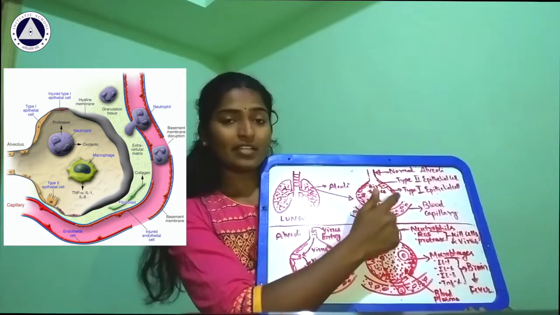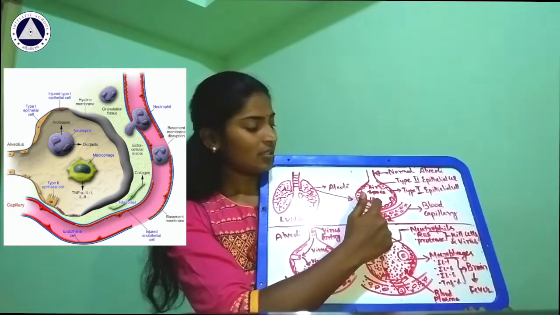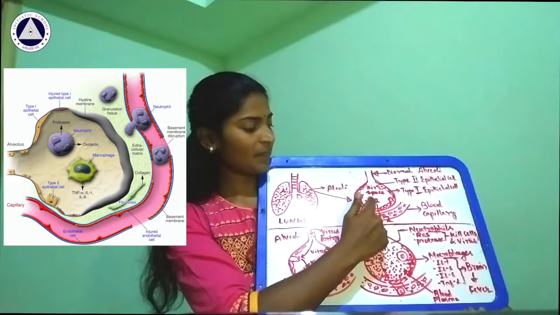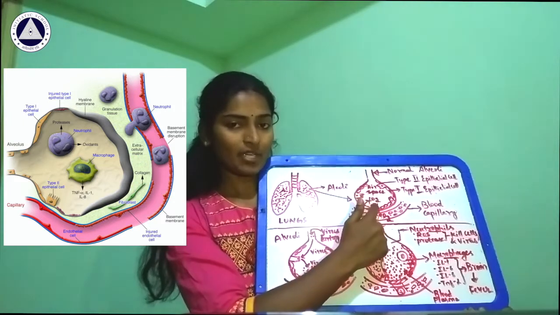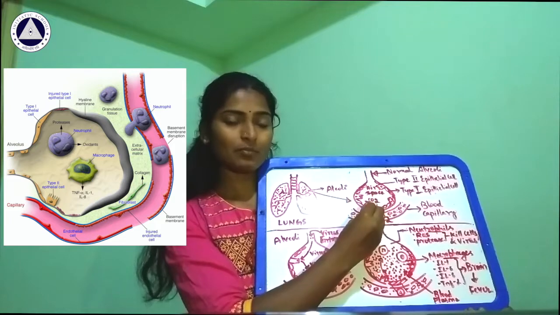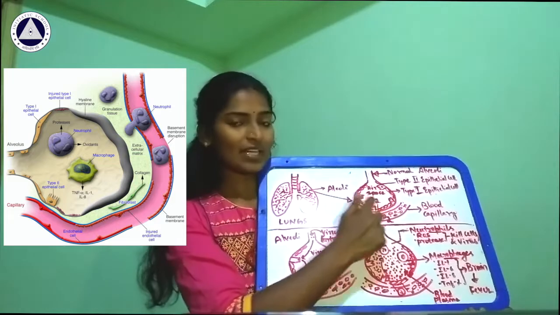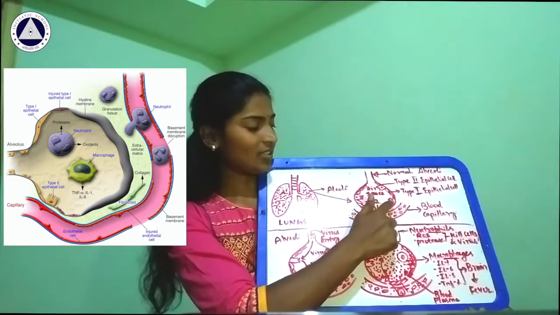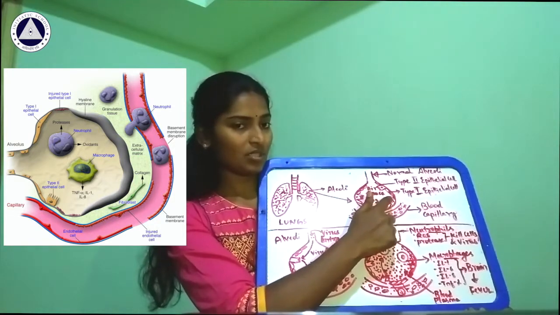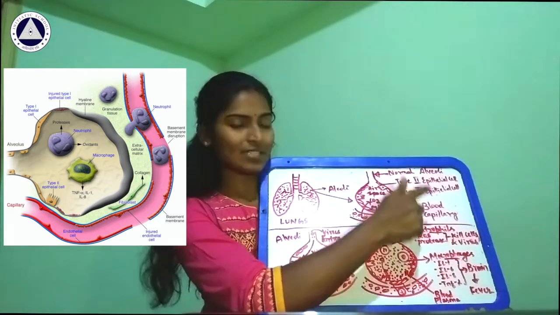And type 2 epithelial cells maintain the decreased surface tension inside the alveoli and prevent the alveolus from collapsing. That is, this surface will have an elastic nature, and the elastic nature is due to the surfactants secreted by the type 2 epithelial cells.